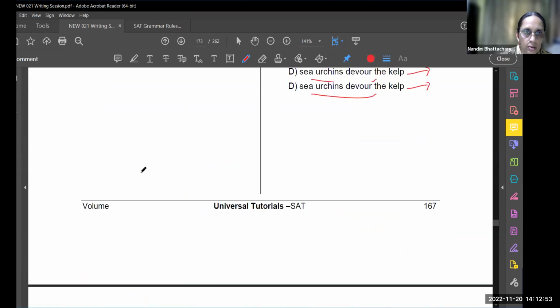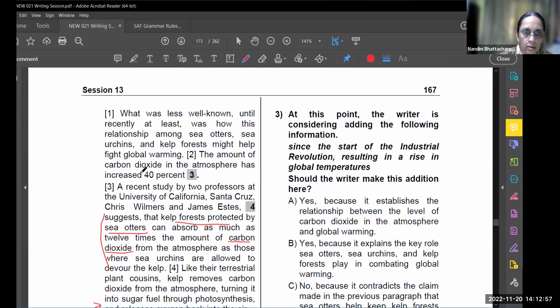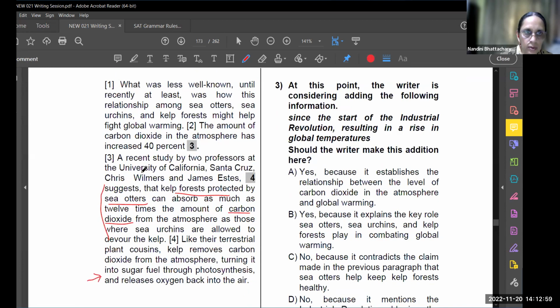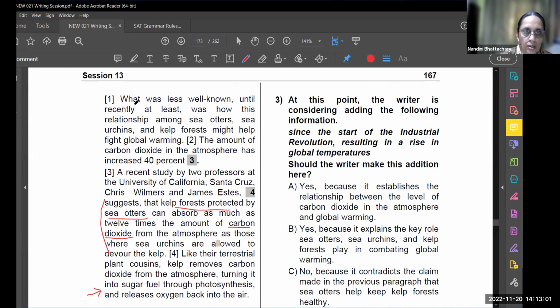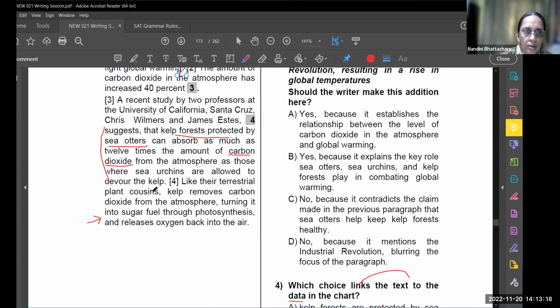Now sentence 1 is also before that. It covers the entire 3 paragraphs. So sentence 1 is what was less known until recently, the amount of carbon dioxide. So this doesn't talk about the discovery as yet, right? Now in sentence 2, it is just talking about the study and what the study was about.